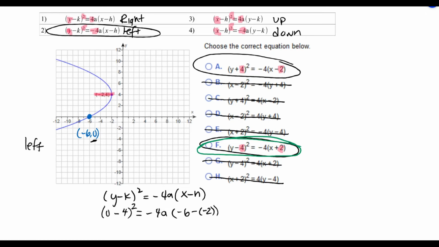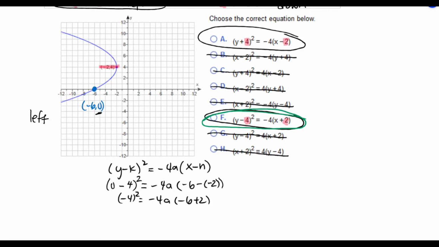So this is going to give me negative 4 squared equals negative 4a, negative 6 plus 2. That's 16 equals negative 4a times negative 4. Negative 4 times negative 4 is a positive 16. And then I divide both sides by 16, and that tells me that a equals 1.